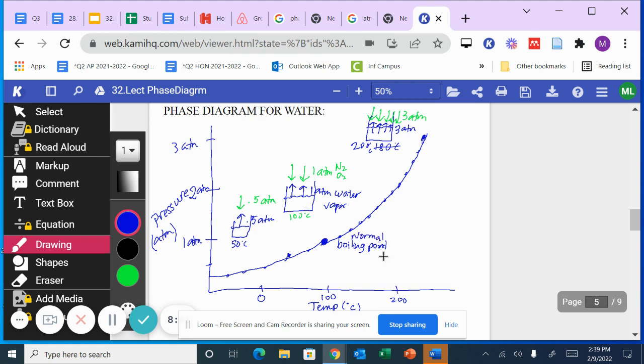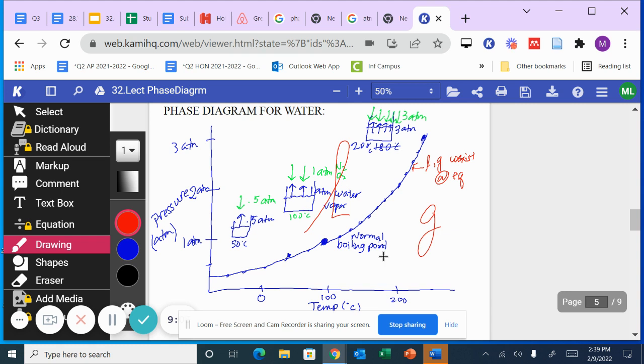Okay, so in this line, the liquid turns into gas. At this line, liquid and gas coexist at equilibrium. They're both there together. At the line, also, the phase change occurs.